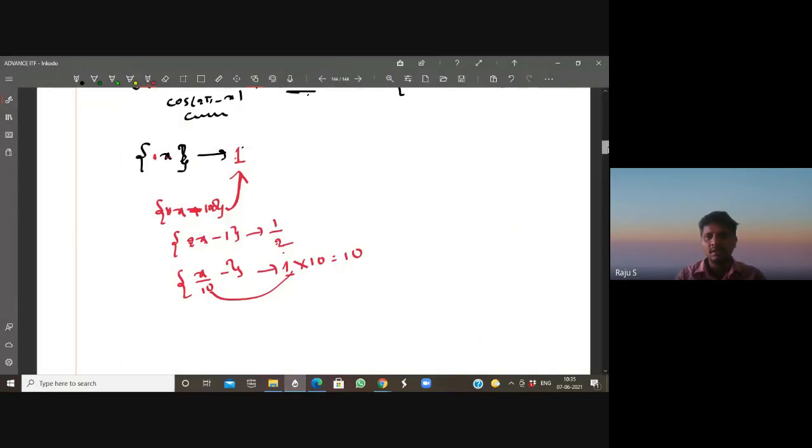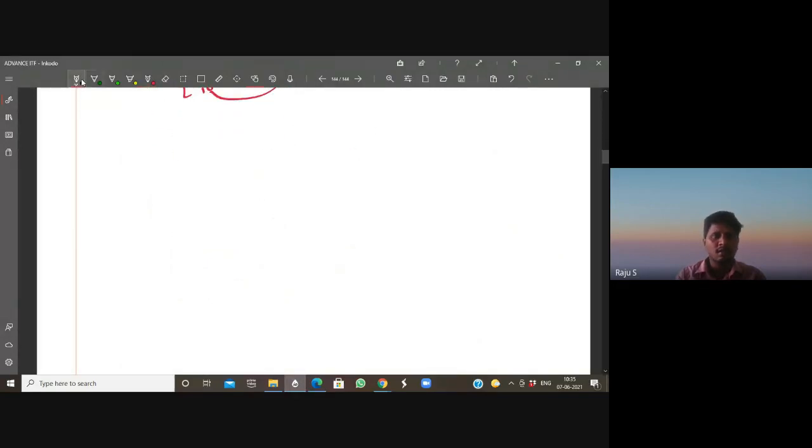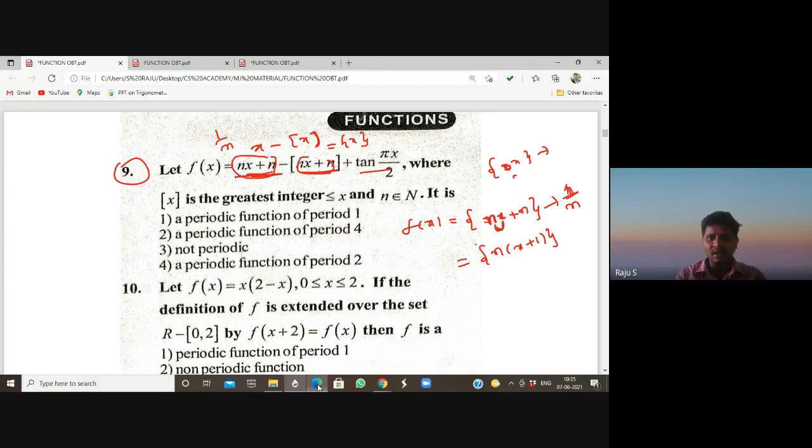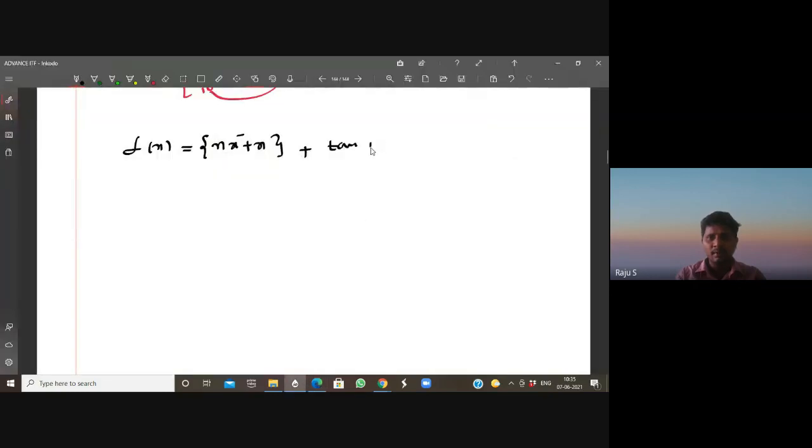Yes. f of x is equal to this. If I take n common, it can be written as nx plus 1. Or even no need to take n common, this can be written as nx plus n plus tan of, what is the value they given? Tan of pi x by 2.